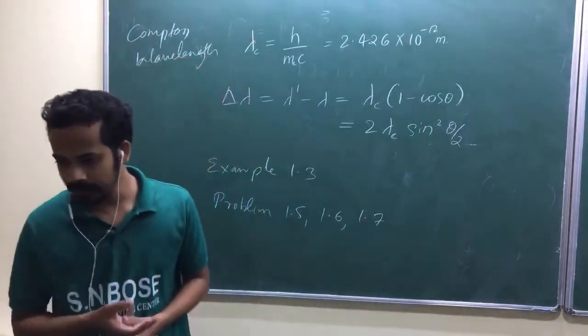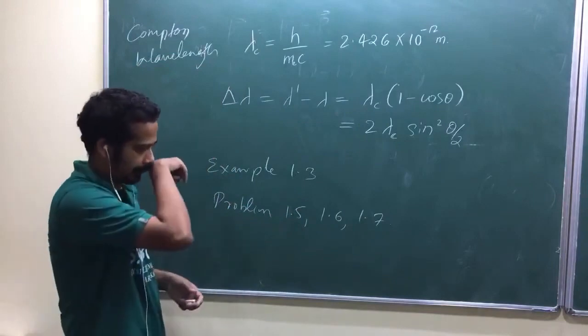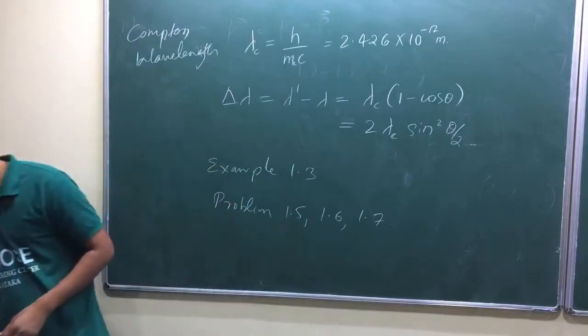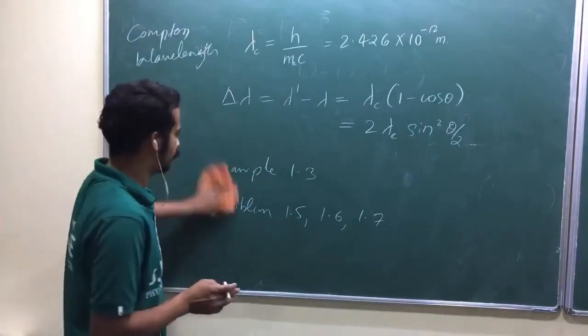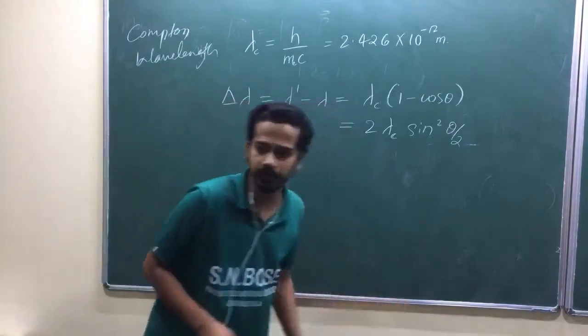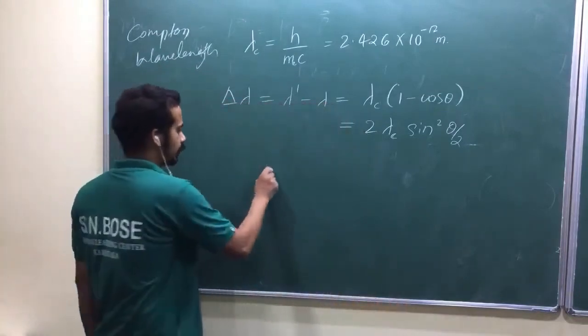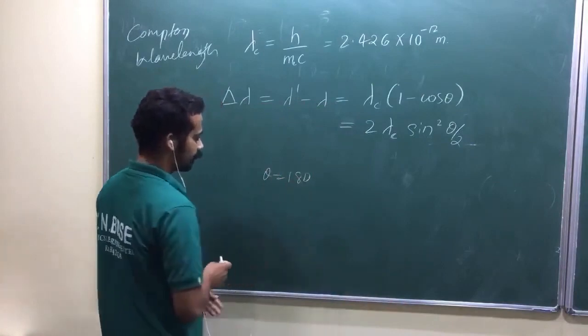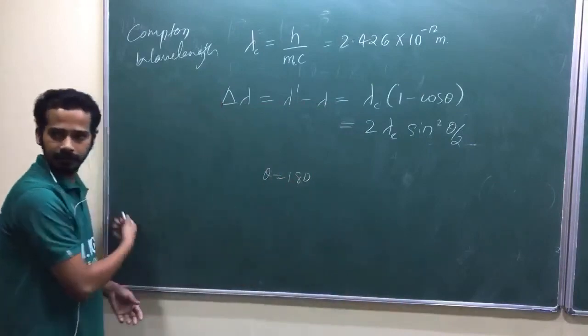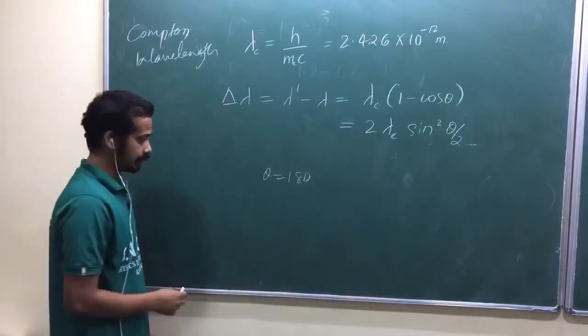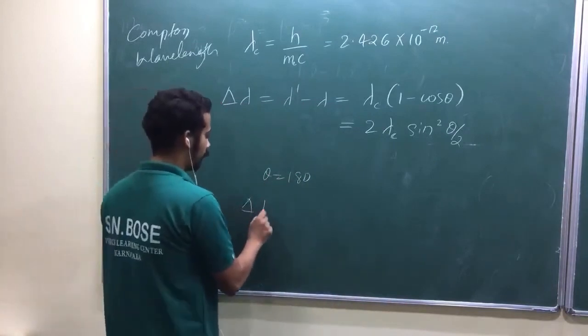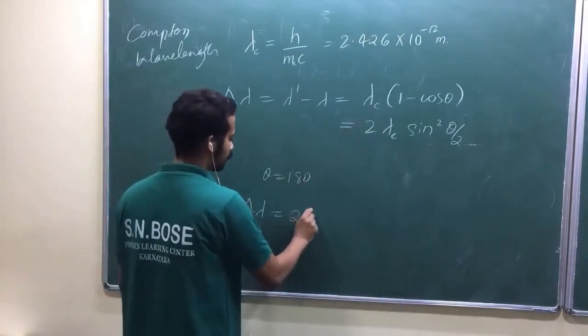Now the recoiling of the electron. Again, if theta is equal to 180 degrees, again they are designing questions on this in the GATE exam. If you take theta equal to 180 degrees, that means the photon is coming back, isn't it? In that situation, your delta lambda is equal to, I think, 2 lambda c. Am I right?